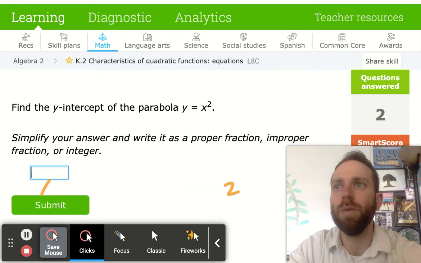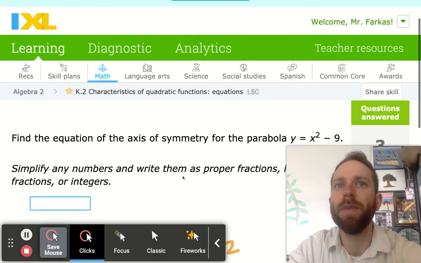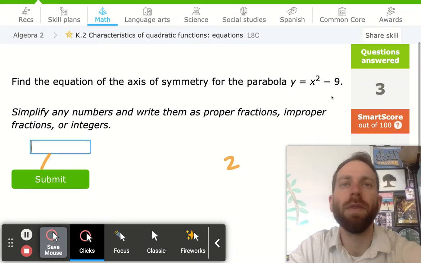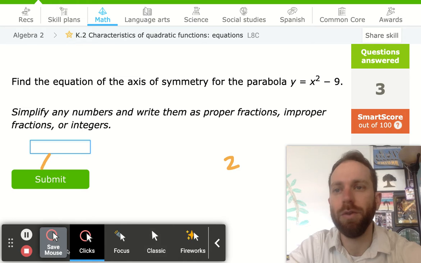So for this one, y-intercept, parabola, notice there's no c value here. It's 0. Axis of symmetry, x squared minus 9. You would do -b over 2a and simplify it.